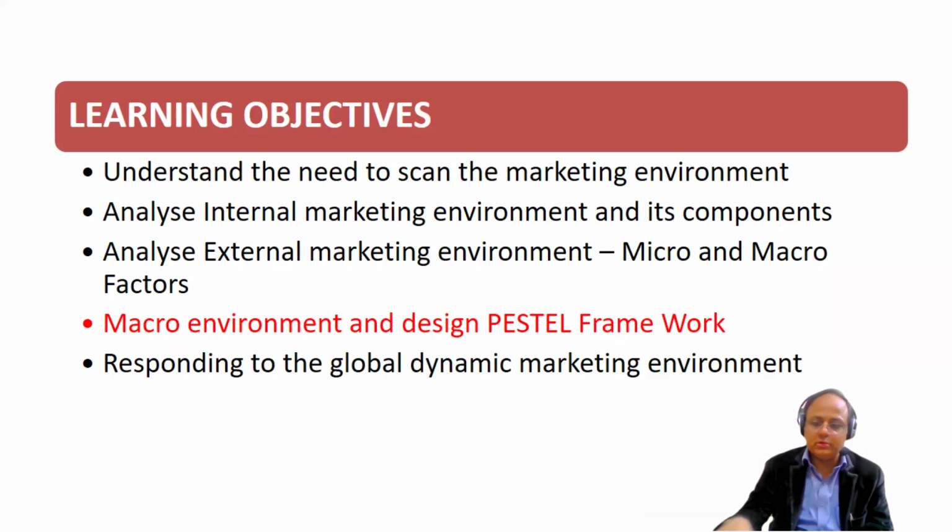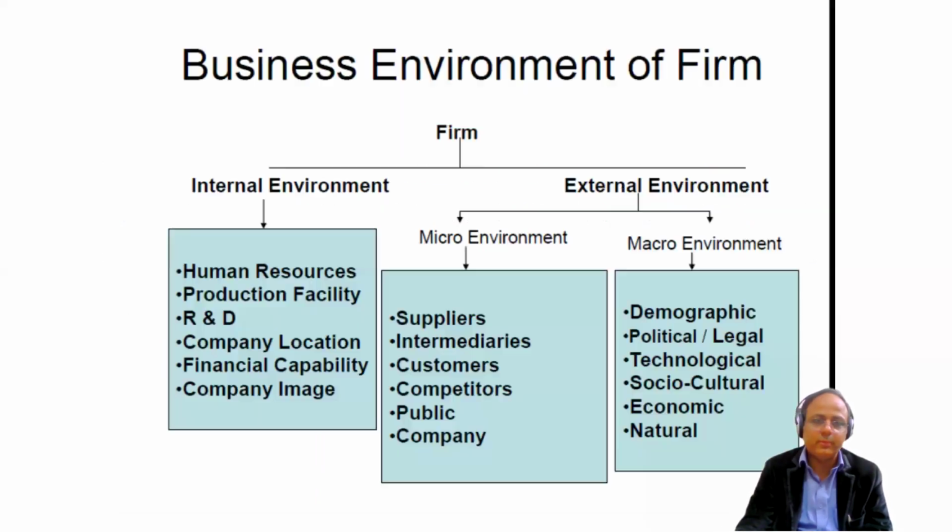So moving further with objective number 4, first of all, I'd like to understand the business environment of the firm that constitutes three different types: internal, micro, and the macro environment. Internal and micro have already been covered. Now, talking about the macro environment, there is a famous acronym, that is PESTEL.